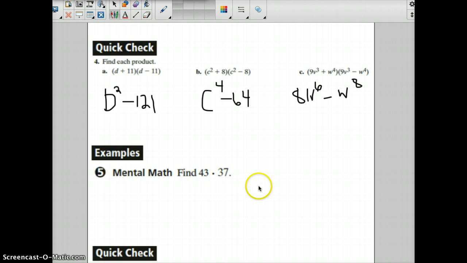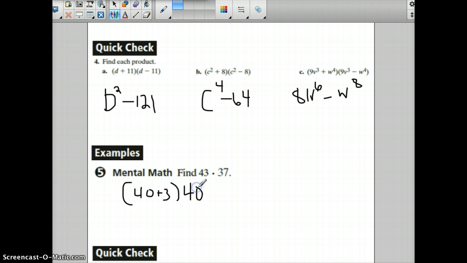Example 5 has us multiplying 43 times 37, okay? And think about the process that we've been working with, FOILing. We can use that to our benefit, and we can take 43 and make that 40 plus 3. And then 37, we can take and make that 40 minus 3.